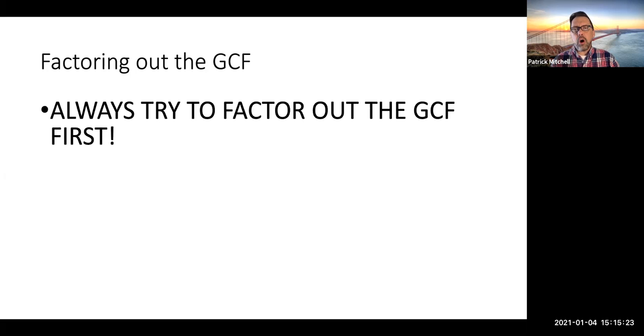The first trick you should always try is factoring out the GCF. Certain factoring problems become much harder or even impossible if you don't look for the GCF first. So throughout this chapter, I'm going to remind you over and over, look for the GCF first.